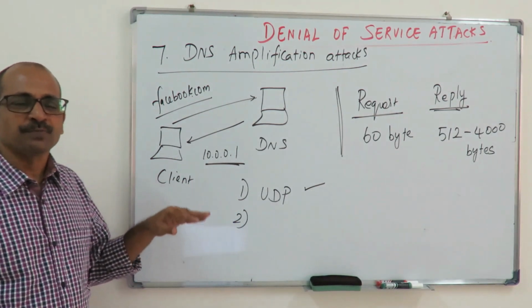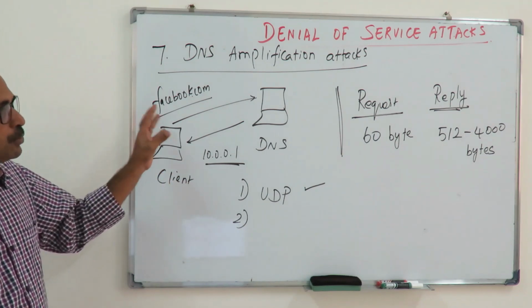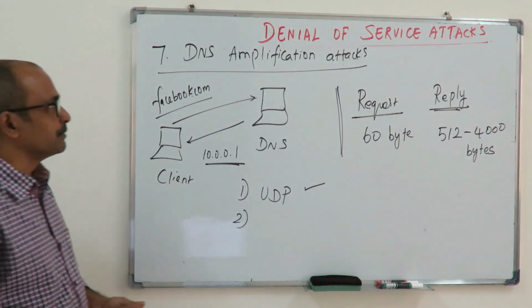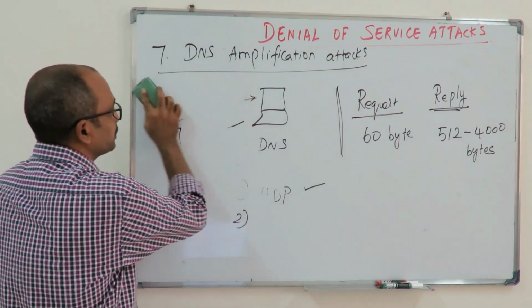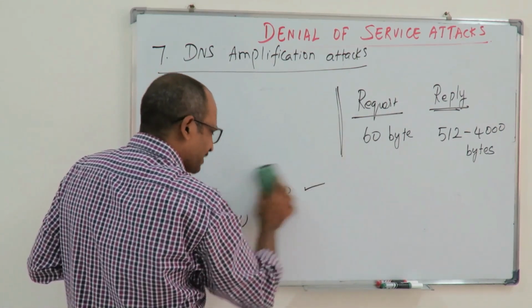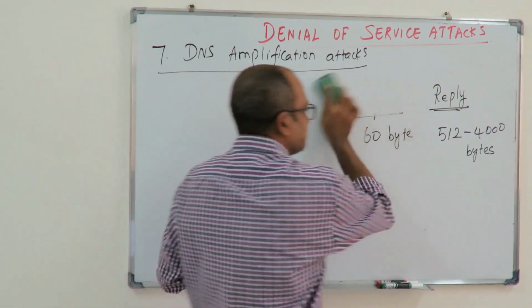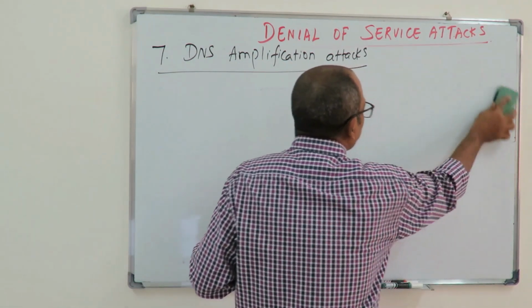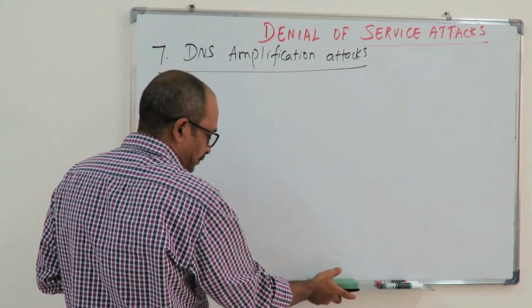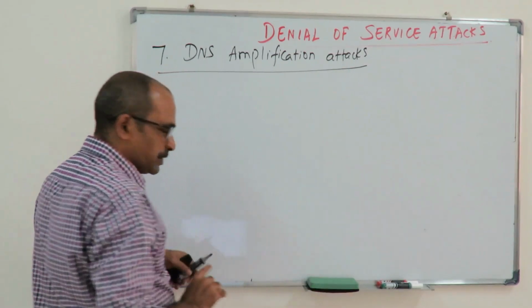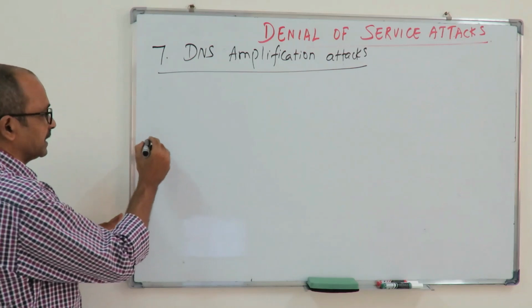Now the next one we will discuss is how DNS is used for the amplification attack. I am going to give the architecture diagram, or a simple topology diagram, which shows how the DNS amplification attack takes place. As usual, we are going to have an attacker.